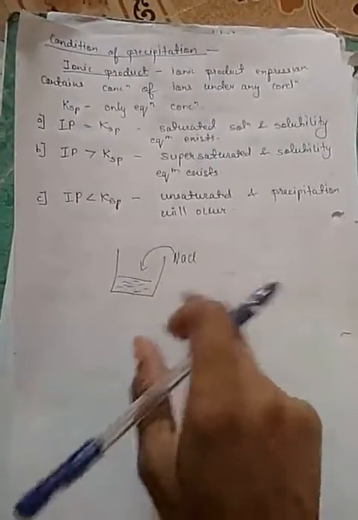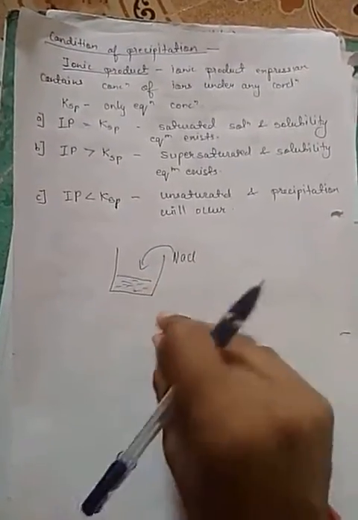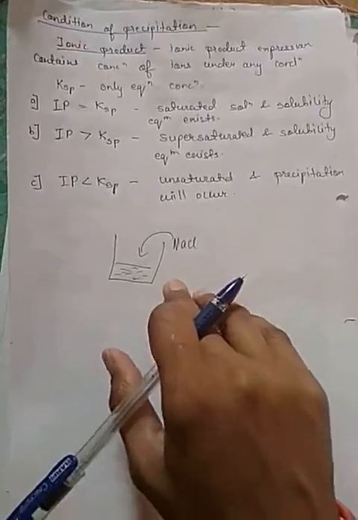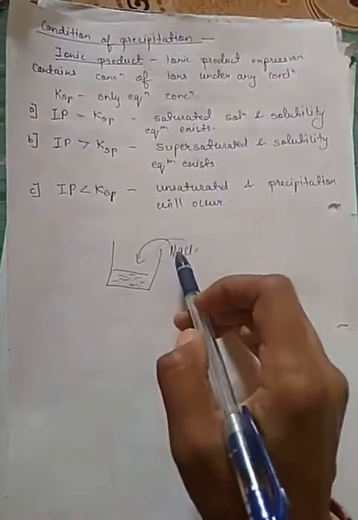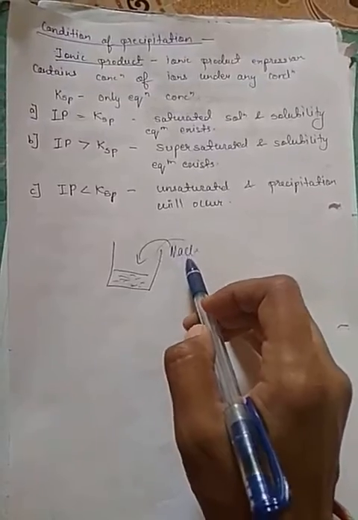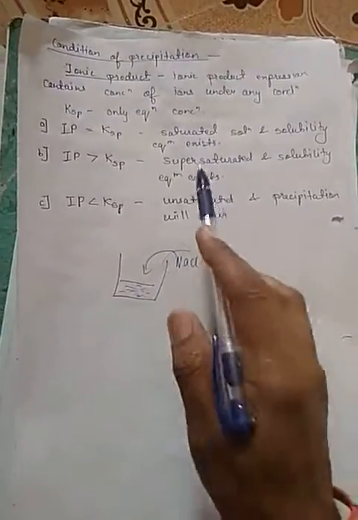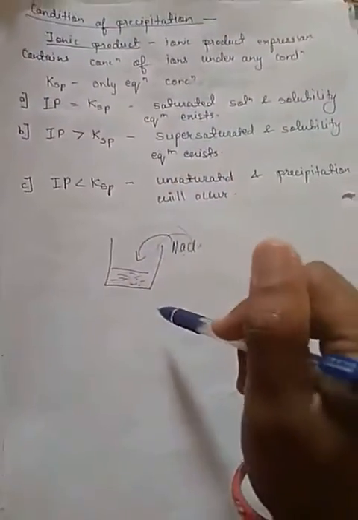But if I go on adding NaCl, at a particular moment a time comes when no more NaCl dissolves in water. So this solution where no more NaCl dissolves in water is known as a saturated solution.